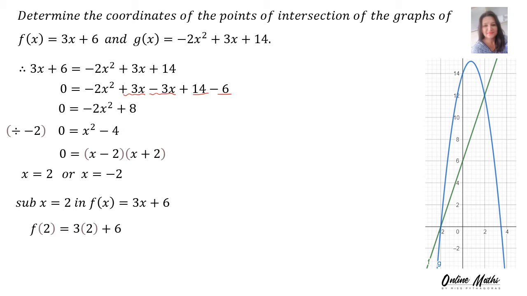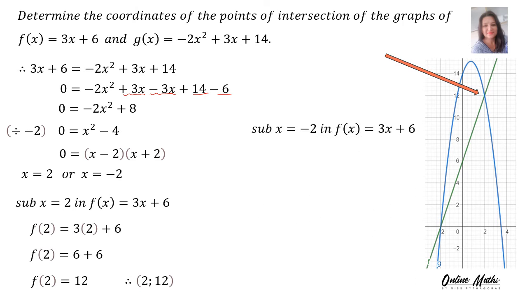And you write it as f of 2 is equal to 3 times 2 plus 6, which results in 6 plus 6, which is 12. So f of 2 is equal to 12. That means it's a coordinate, and the point is the point 2, 12. Now when you go to your sketch, can you see it's there? There's your first point of intersection. It is the point 2 and 12.